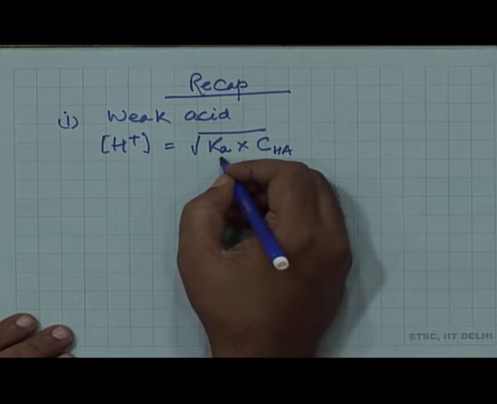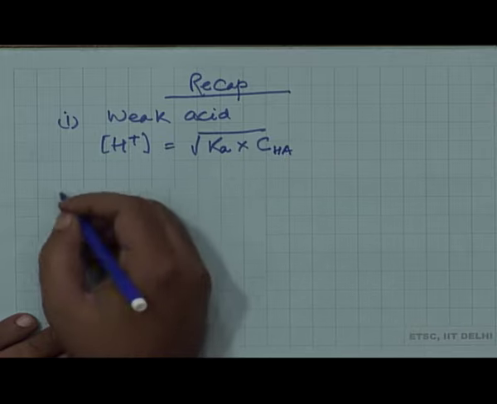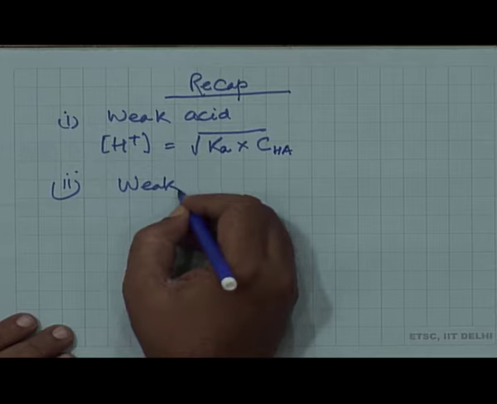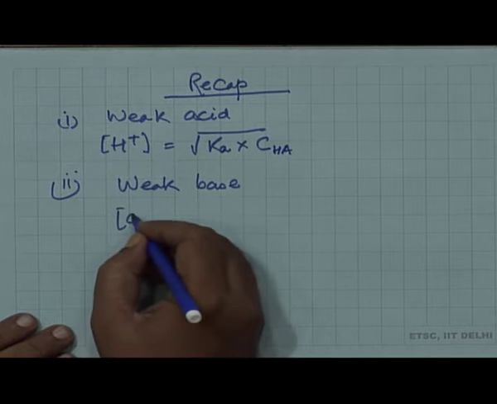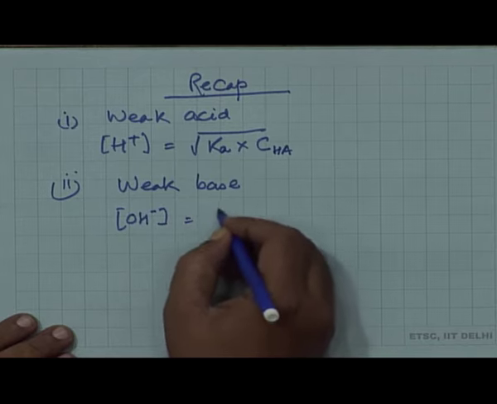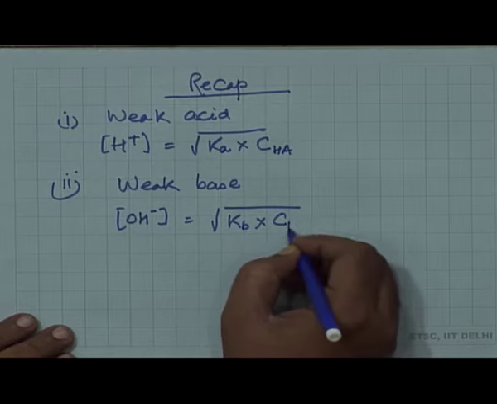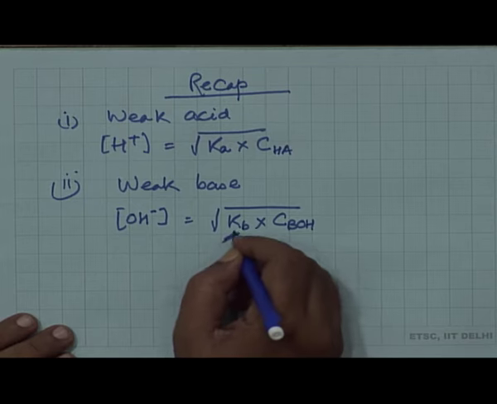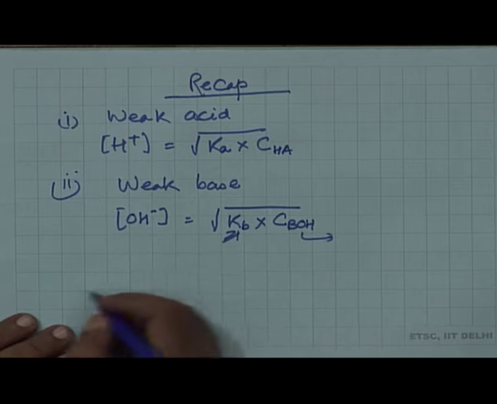Ka is your acid dissociation constant and this is the concentration of acid. For weak base, we have OH minus ion is equal to root under Kb into C of BOH. Again, this is your base dissociation constant and this is the concentration of weak base.